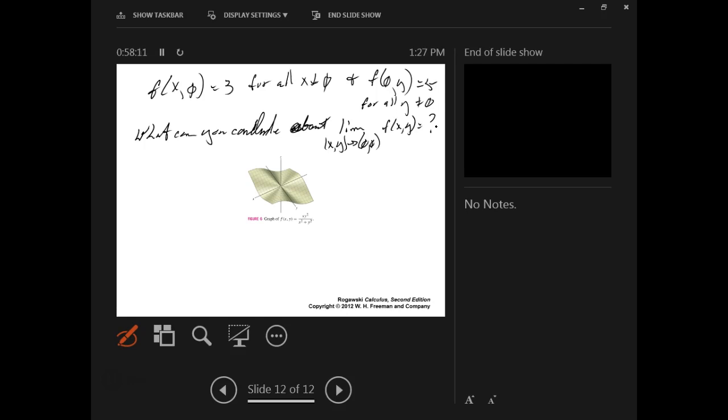Do 23, do 25. Any of the odds 27 to 39, and do either 41 or 43 or both. 43 is a picture that I think you can probably figure out from there. I think it's just talking about values there.